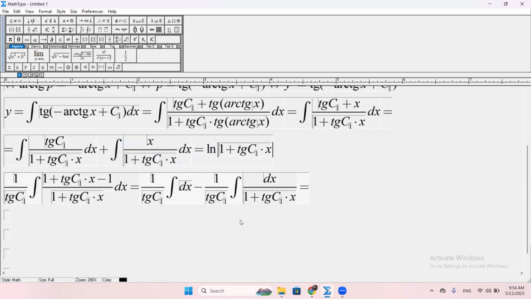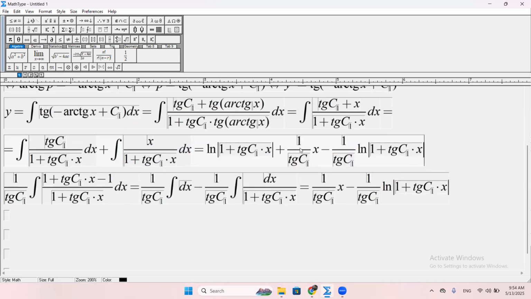So what I have? So 1 over tangent C x minus 1 over tangent C1 logarithm of this expression in the denominator. So actually I can add this expression, and I will also add constant C2.